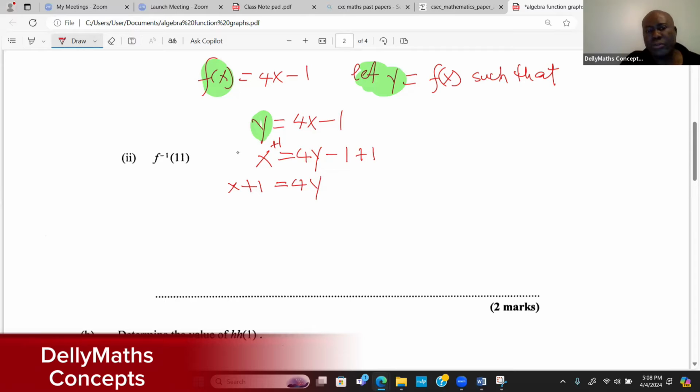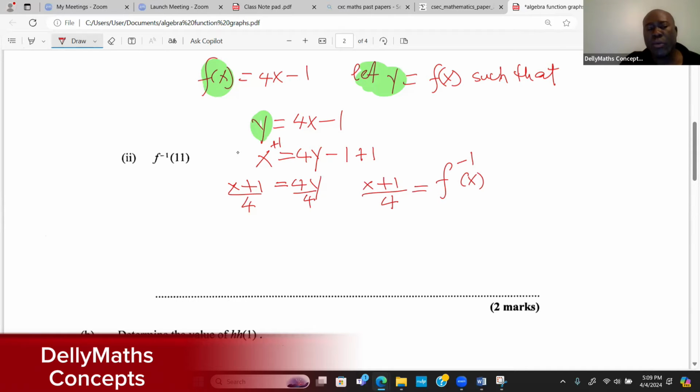Now, x plus 1 is equal to 4y. I don't need the 4, so I'm going to divide both sides by 4. So what we have now is x plus 1 over 4, and this is the inverse of the f function.